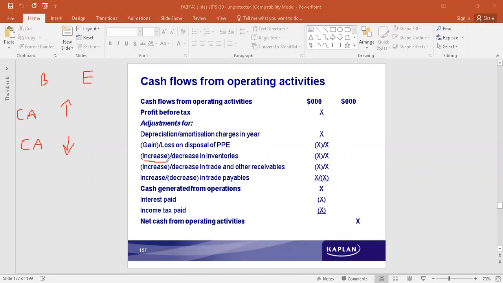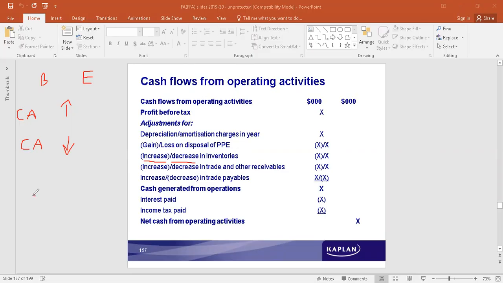It's a payment, it's an outflow, it is deducted. But if the current asset is decreasing, maybe the customers have paid so the balance has decreased, so the benefit is already realized, or the inventory is sold, therefore cash is realized. So when the current asset decreases, it is added.